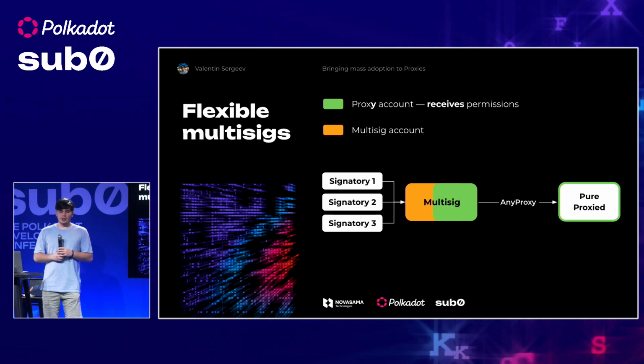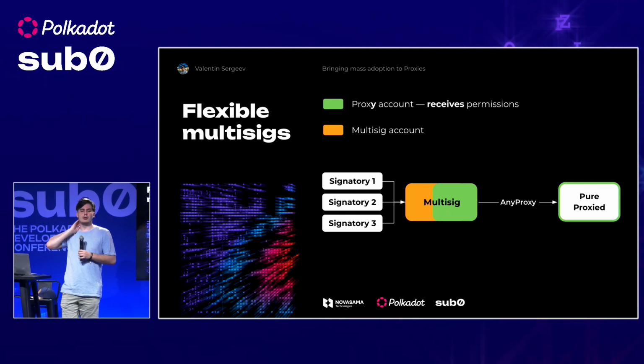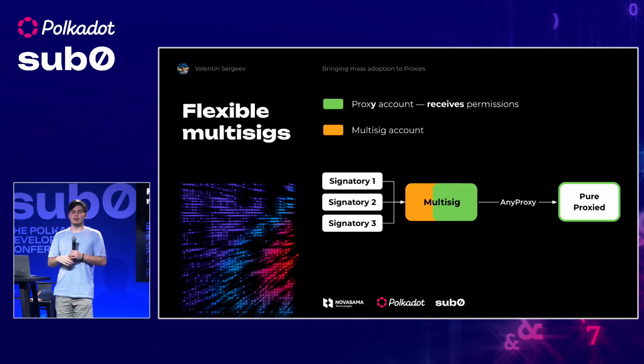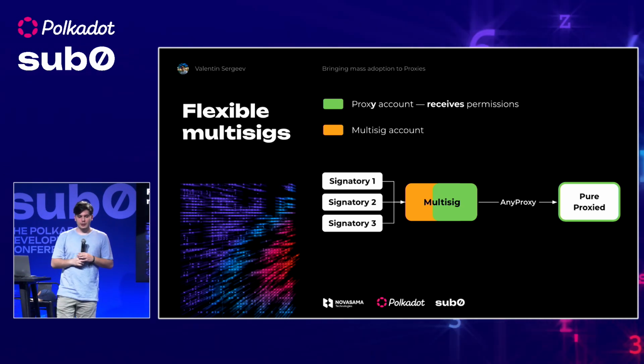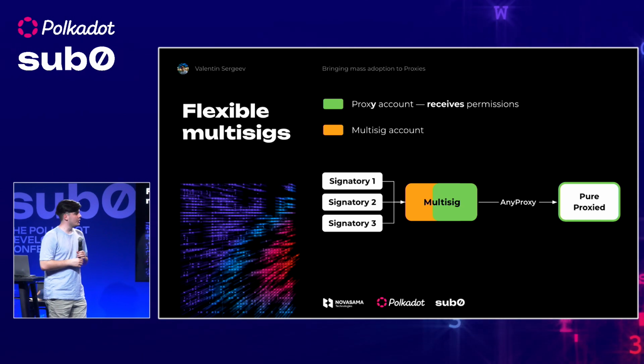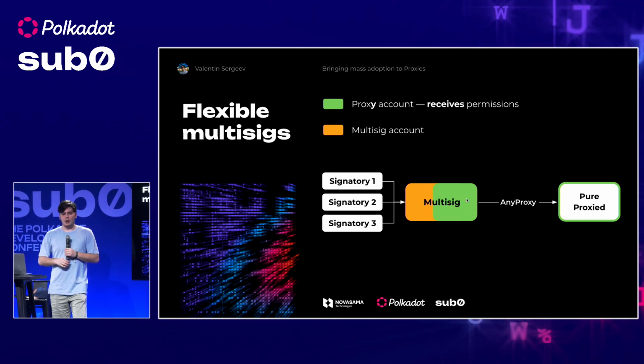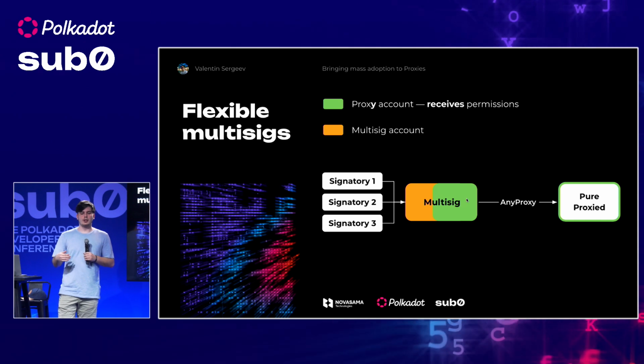Now let's look at a little bit more complicated setup, which is what we were talking about in the first section, flexible multisigs. Here, the basic idea is to mitigate the limitation of multisig, that we can't change its signatories.